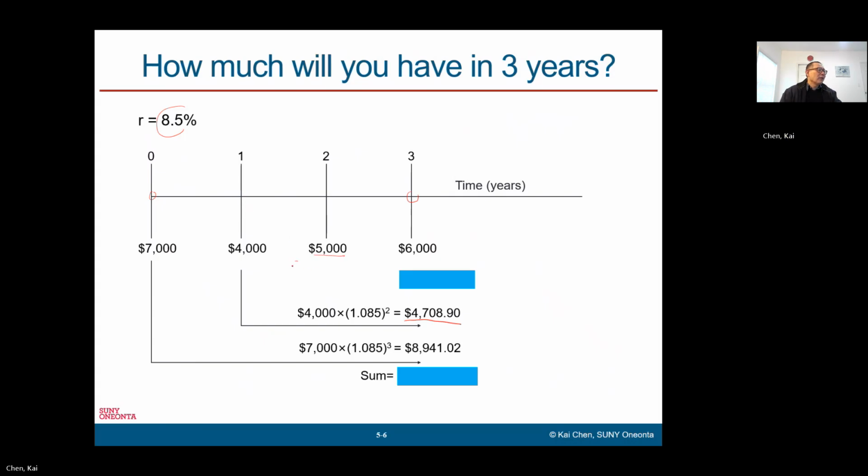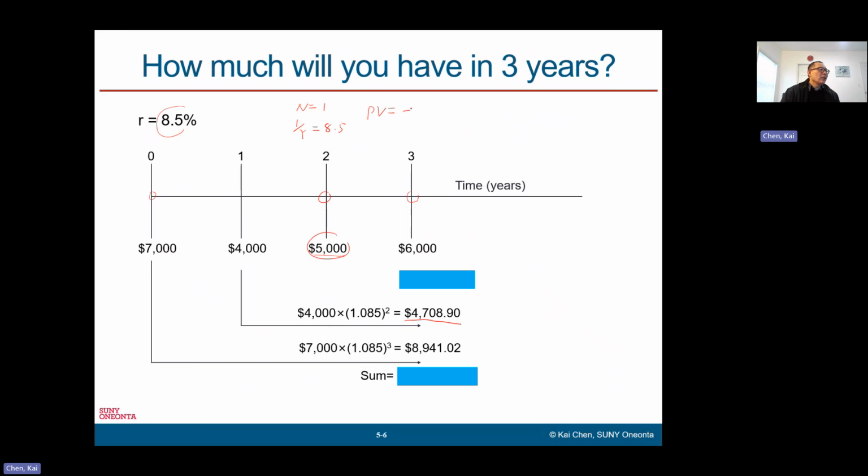Now we're going to do this one. For this one, I don't want to use the formula; I want to use the financial calculator. What is N? N is 1 year, from this point to this point. What is I/Y? I/Y is 8.5. What is the present value?